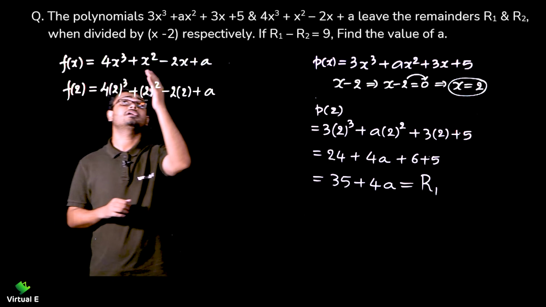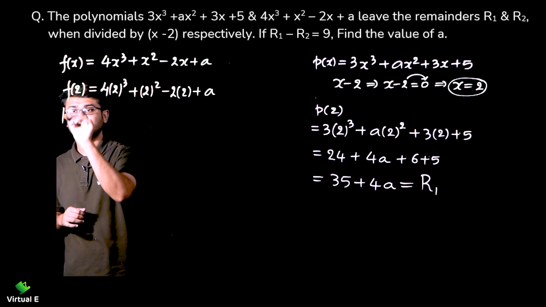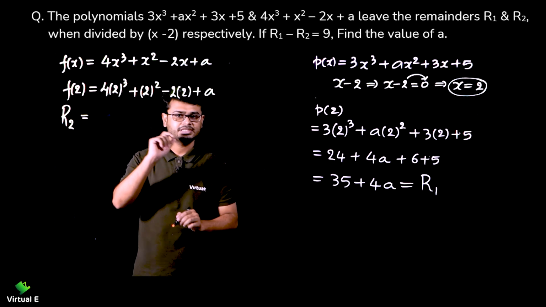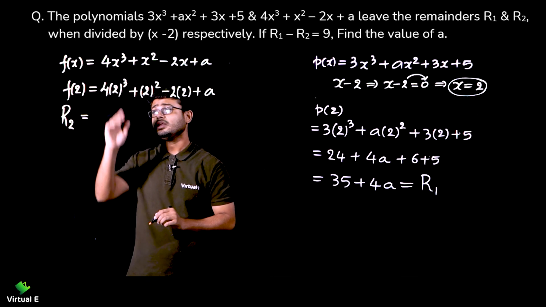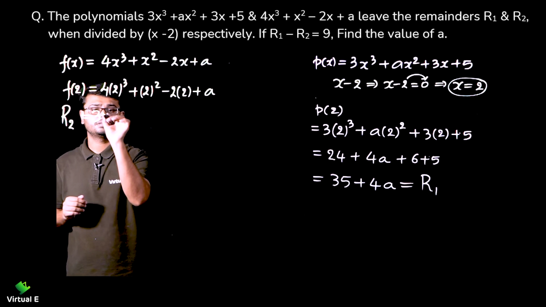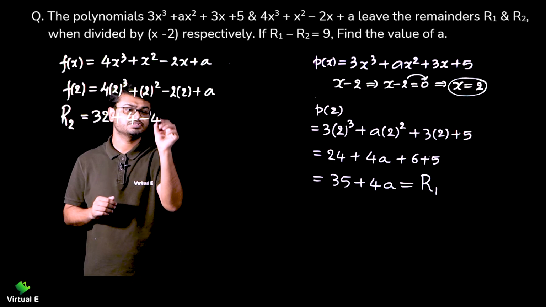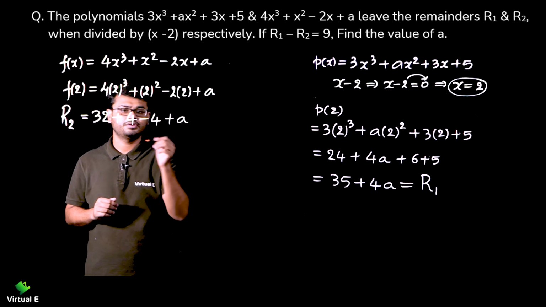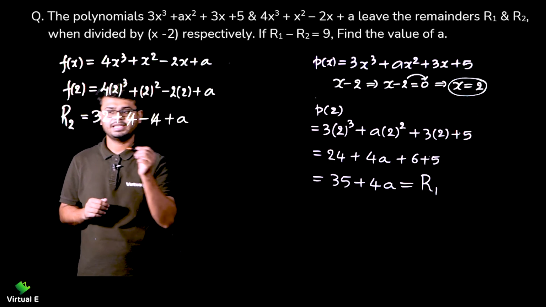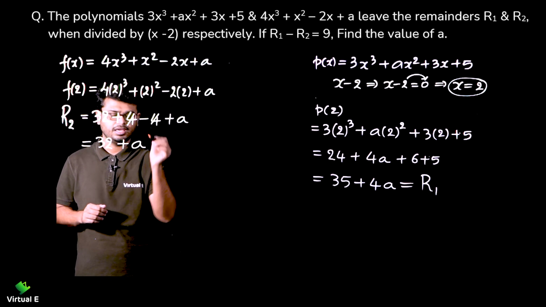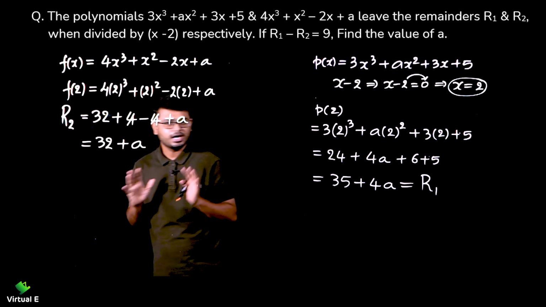In the second case the remainder is r2. Now 2 cubed is 8, 8 fours are 32, plus 4, then 2 twos are minus 4, plus a. So 4 and 4 get cancelled. So it is 32 plus a. That's the value of r2.